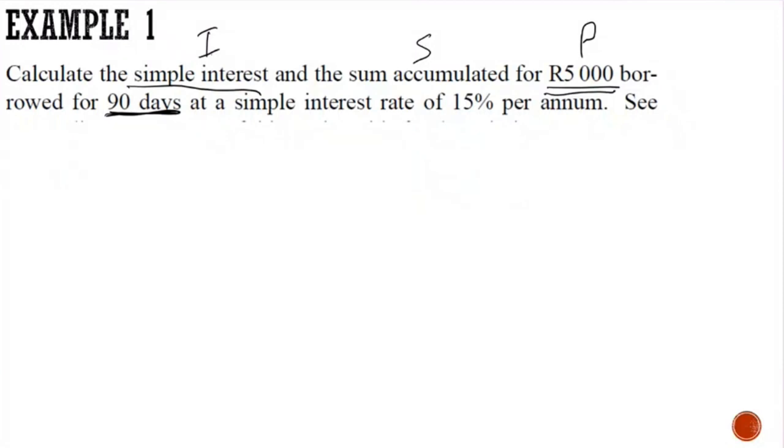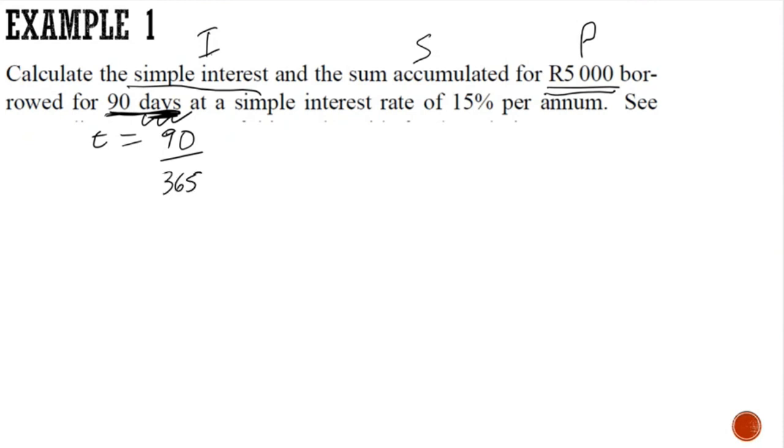So now if you've got less than a year, it means you need to use days. Your time is going to be 90, and then you're going to divide by the number of days in a year, because this is less than a year. So this is going to be 365.